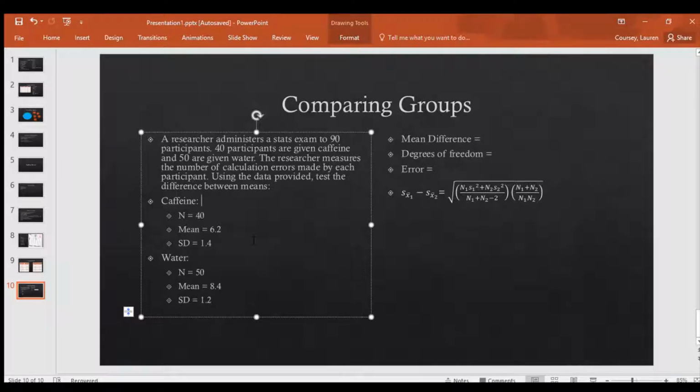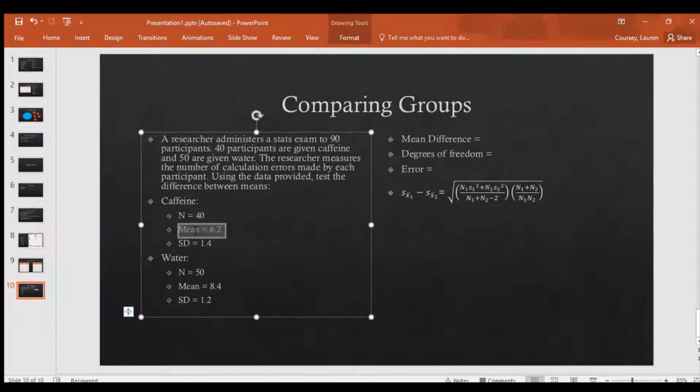The researcher measures the number of calculation errors made by each participant. The question asks, using the data provided, test the difference between the means. Here we have some data for our caffeine group. Again, this is 40 participants, so we have an N of 40.